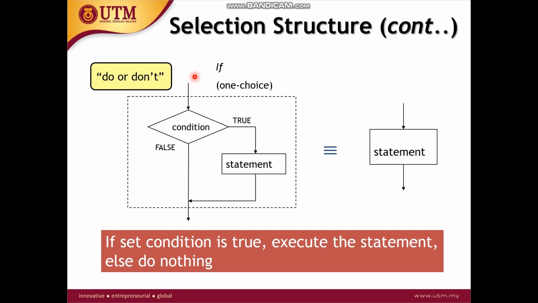The program comes to this condition. If this condition is true, then this statement is executed. If it is false, the statement is not executed, and it directly goes to the next step. And the whole if condition with the statement can be formed as only one statement.